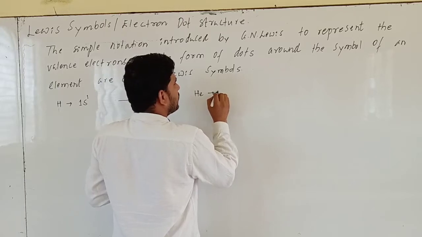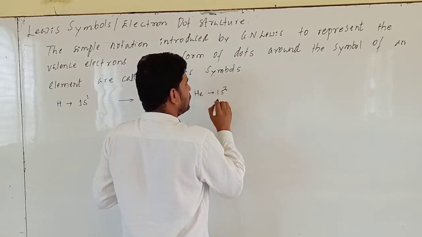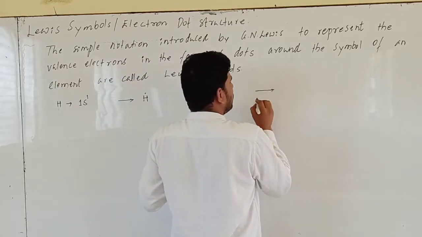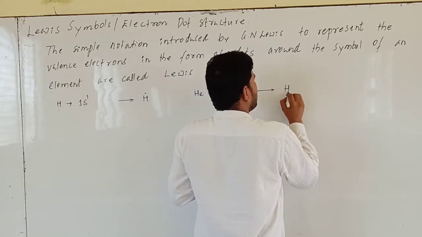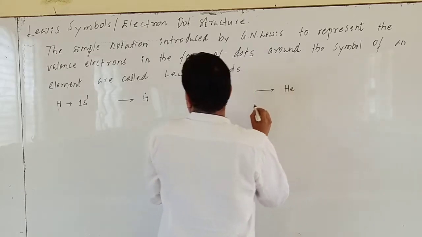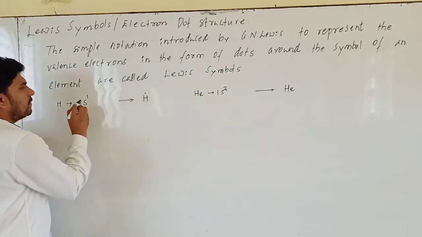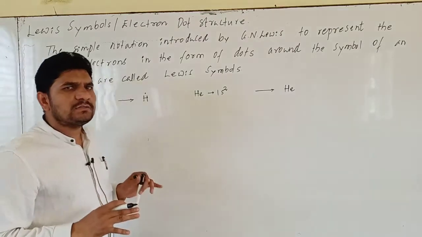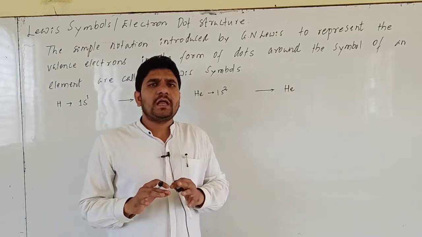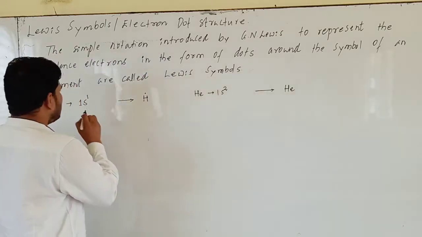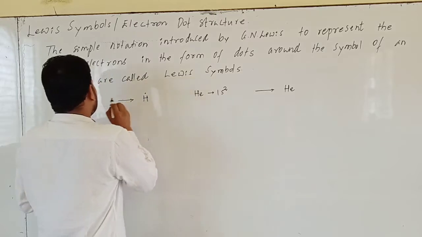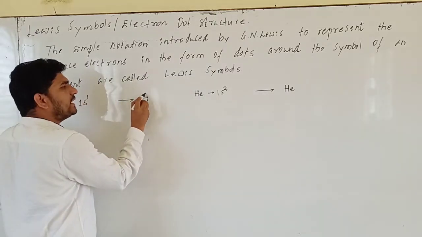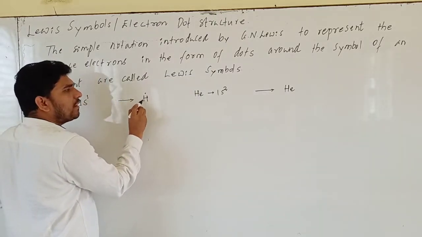You take helium. What is the electronic configuration? 1s2. What is the Lewis symbol for helium? He. Over here, how many valence electrons are there? Valence electrons are the electrons present in the outermost shell. For hydrogen, 1s contains one electron, and that one electron is represented around the symbol of the element.